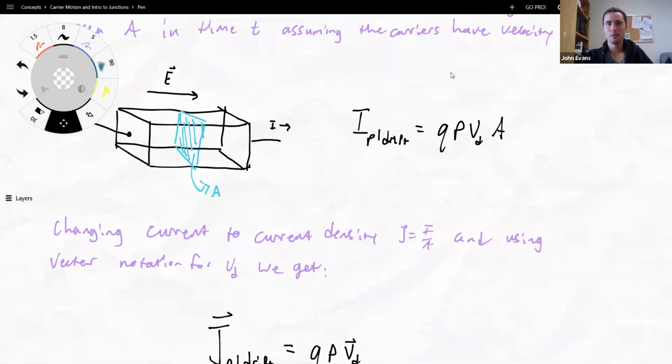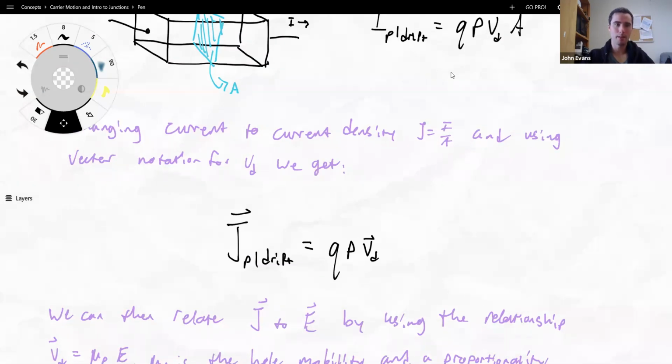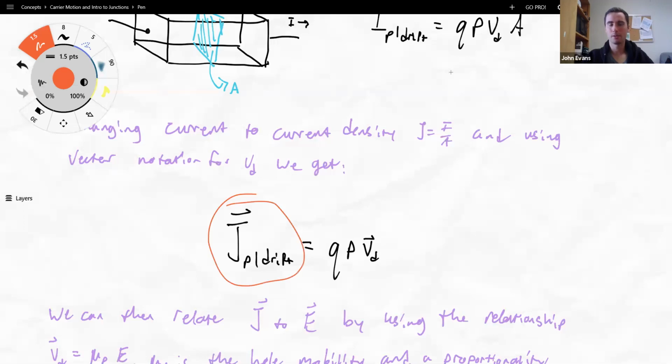And now, instead of saying that this velocity is just a given number, a scalar, we're going to turn it into a vector. We now get this equation here, that the drift current density is equal to the fundamental charge times the number of carriers times the drift velocity vector.